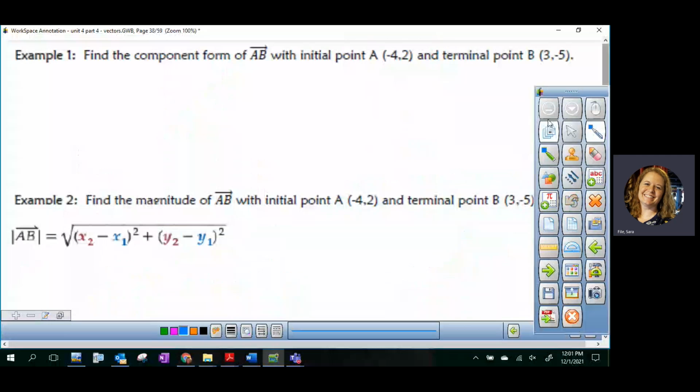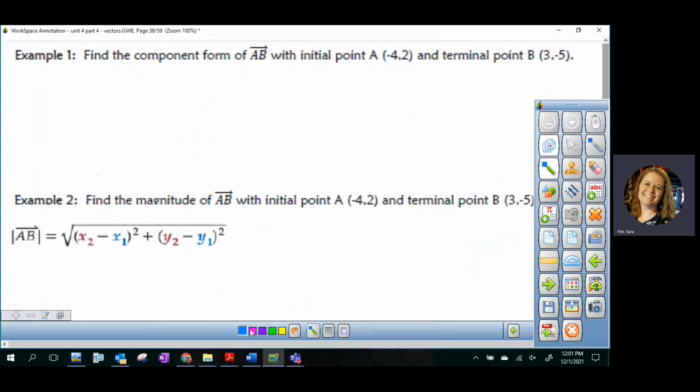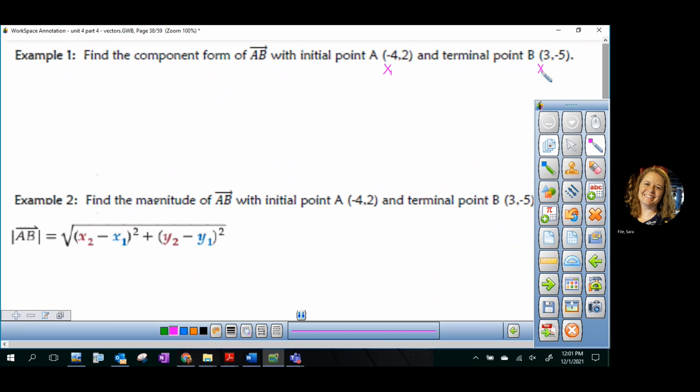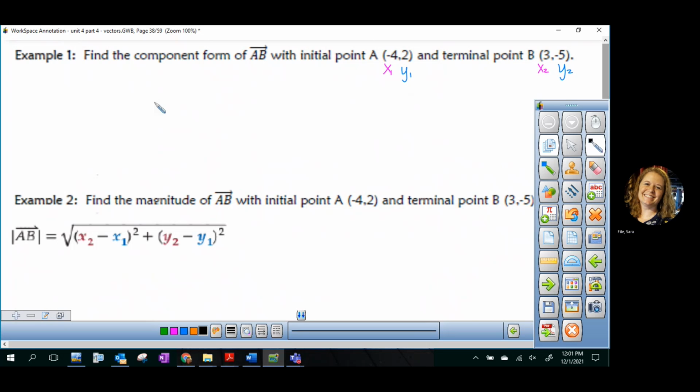All right, I'm given the initial and terminal points of vector AB, and I want to write it in component form. So the first thing I'm going to do is label my points, x1, y1, x2, y2. Okay, and I'm going to write out my expression.